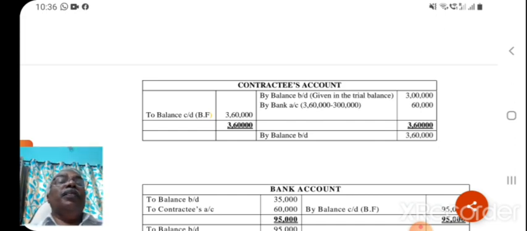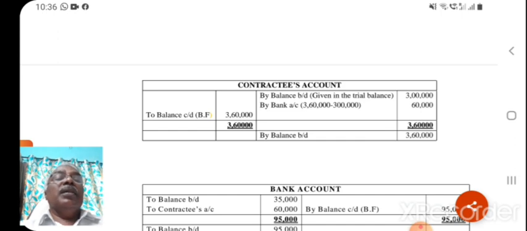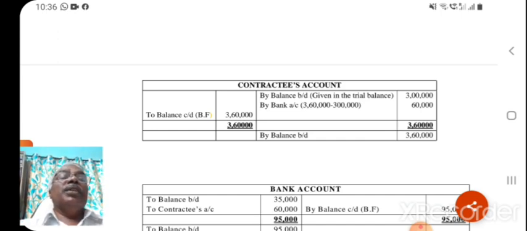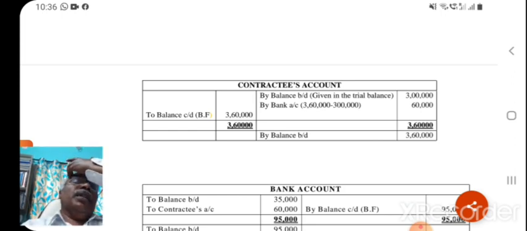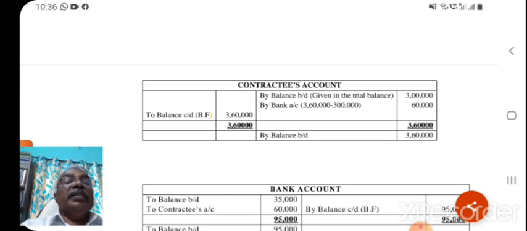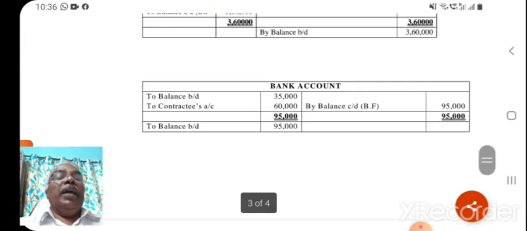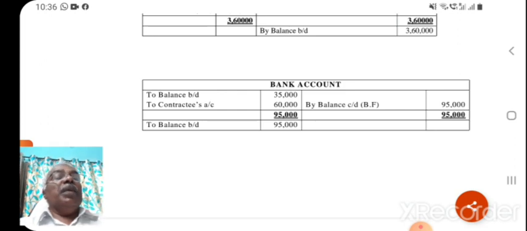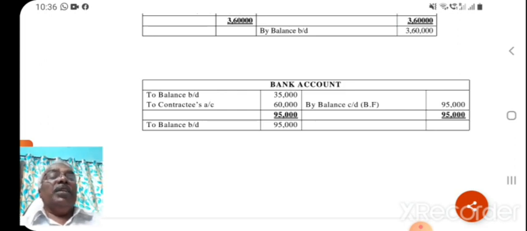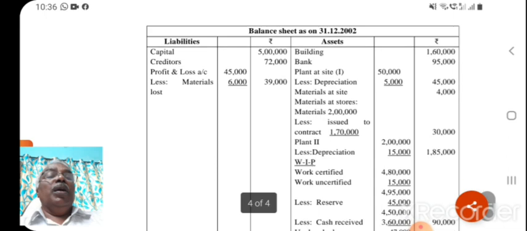So your bank balance differs. So it is the contractee's account where the amount is 3,60,000. The earlier bank balance is 35,000, and this year you got 60,000. So the bank balance also changes. There is 95,000 which can be considered in the balance sheet.